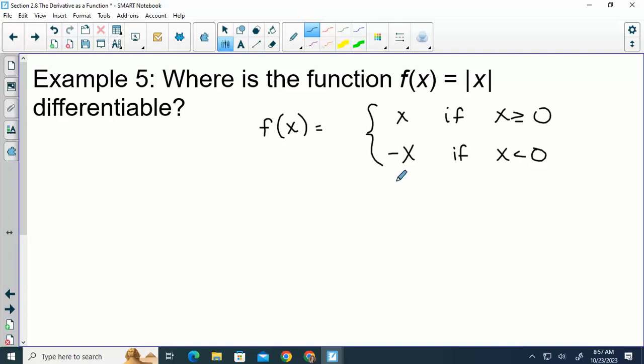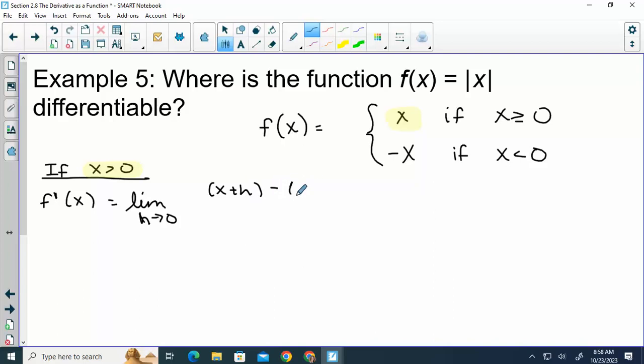All right. So let's try to actually work it out then. So if x is greater than 0, then if I did the derivative, remember we said this notation means derivative, that's the limit as h approaches 0, f of x plus h, so if we're talking about greater than 0, my function is just x, so f of x plus h would just be x plus h, minus f of x, which is just x, all over h.